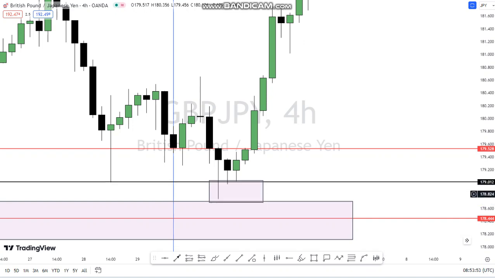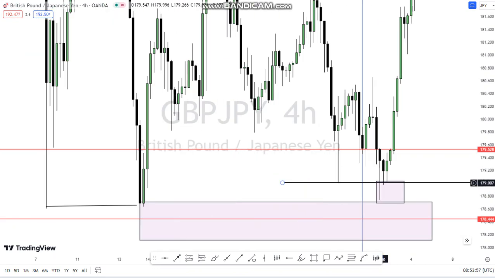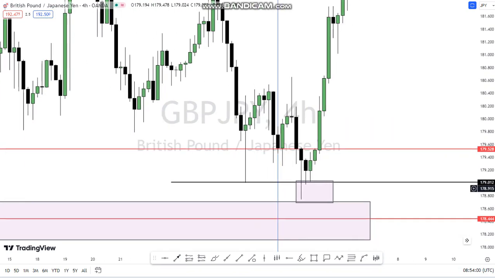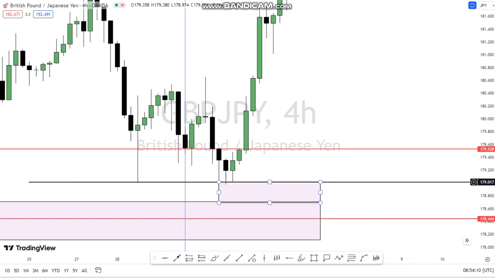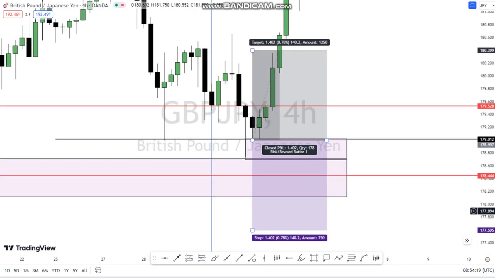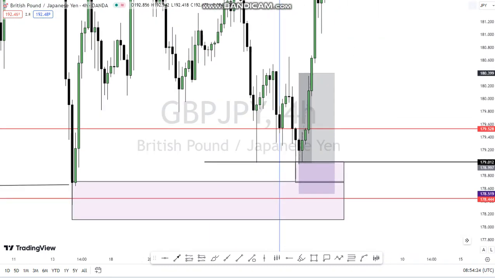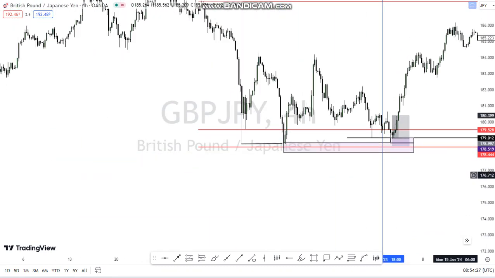As soon as the market comes back to this point, you can take your buy here and have your stop loss just below here.